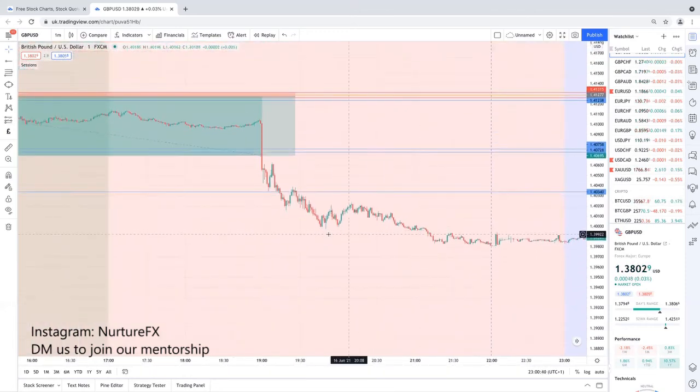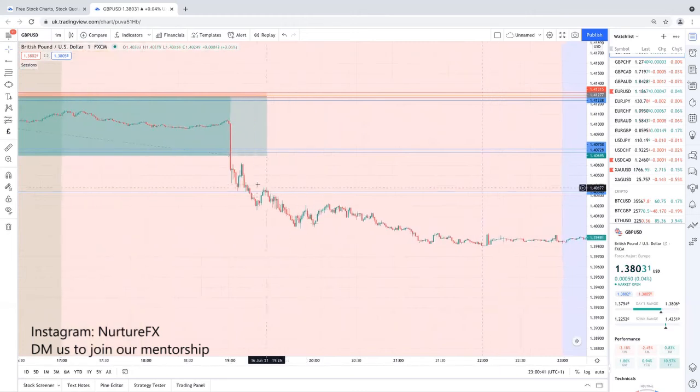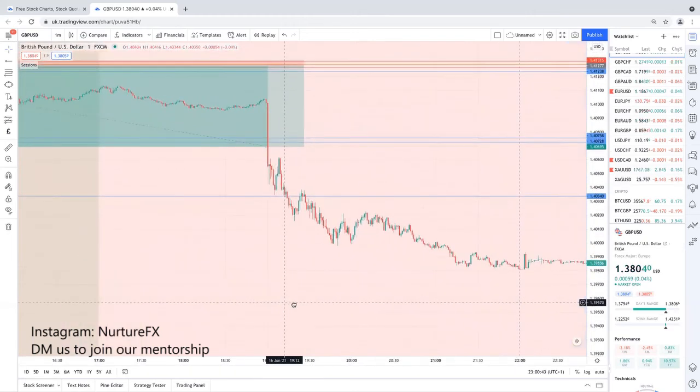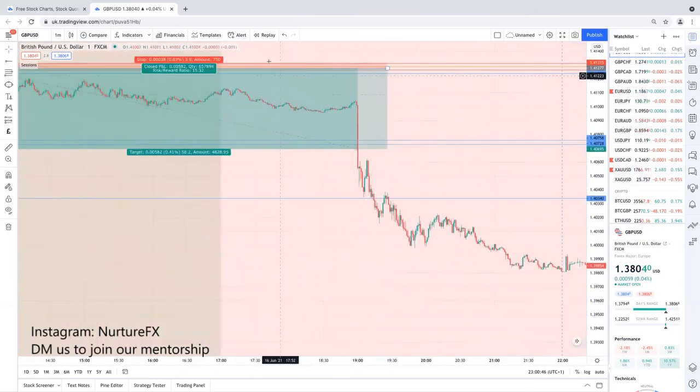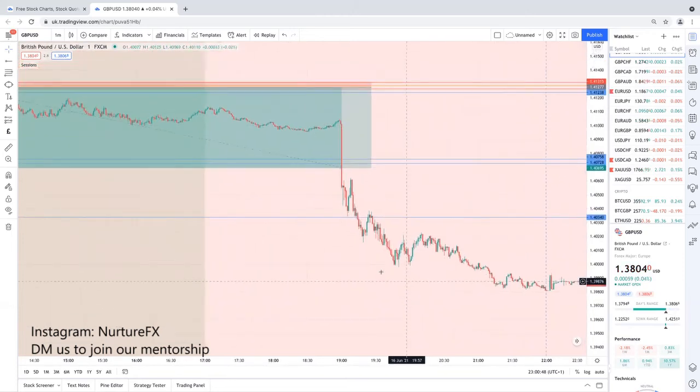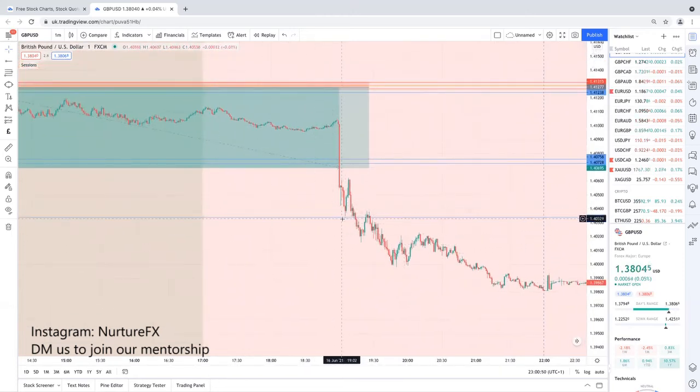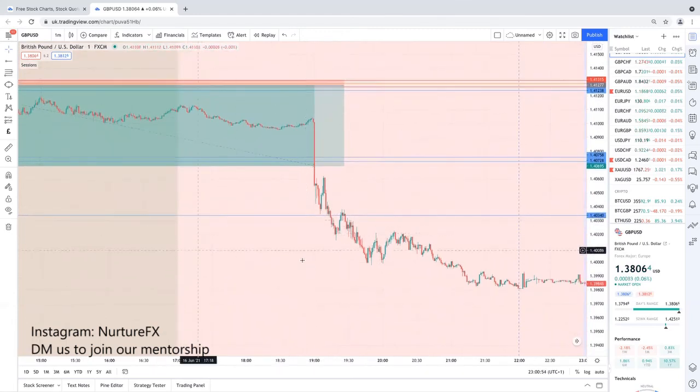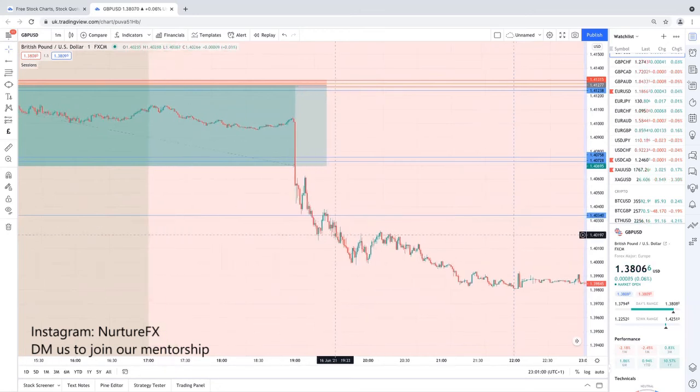On this occasion, like I said, we were looking for this big move down, so we wouldn't have been looking for a buy here, but it came down. Just for the purpose of the video, it took the low, the weekly low. Yeah, it went up.